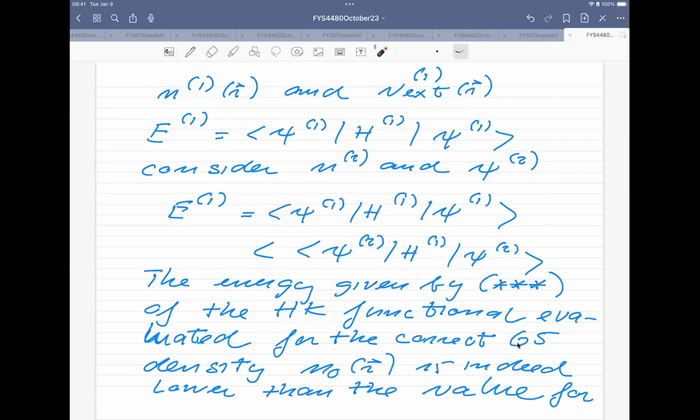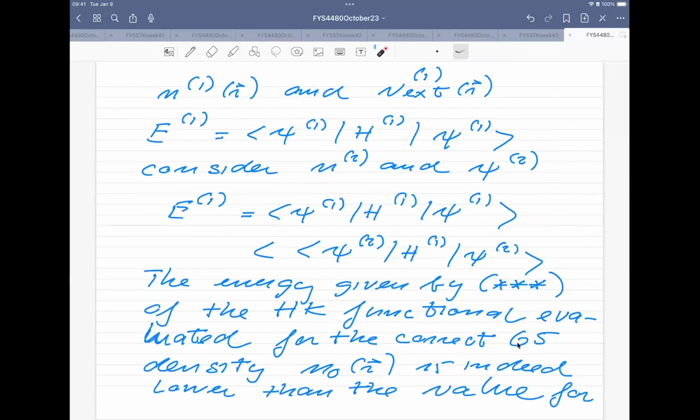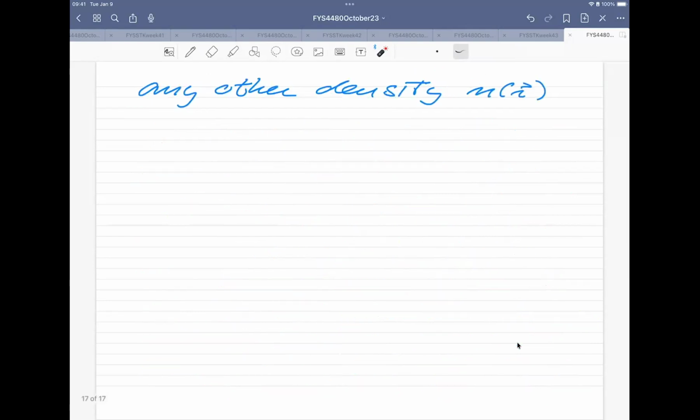And that means that the energy which we calculate with this functional, when evaluated for the correct ground state, is indeed lower than the value you get for any other density. So the second theorem is pretty straightforward to understand. It is just an application of the variational theorem.